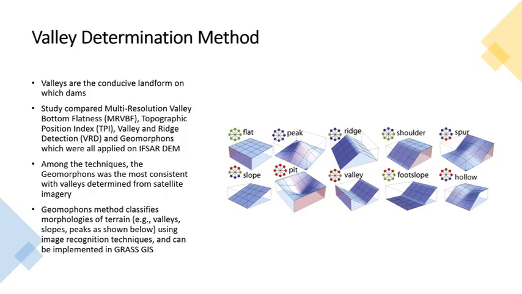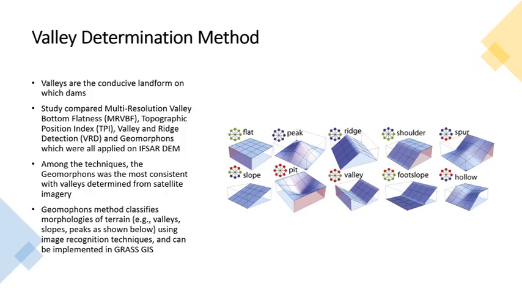Long story short, they found out that the most consistent, or more or less the most accurate, method for looking for valleys was the geomorphons method. It matched what they found in their manual delineation of valleys from the satellite imagery.